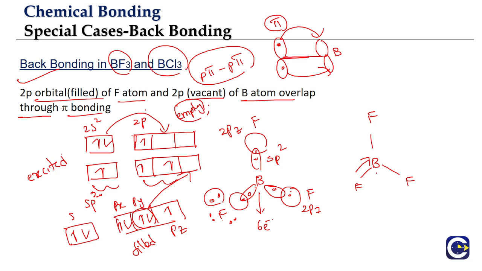But the thing is, there are alternative possible arrangements. How? Because if you are numbering these fluorines, imagine as 1, 2, 3. I think you are able to get where I am actually trying to go. What is it? I am trying to go into the concept of resonance.